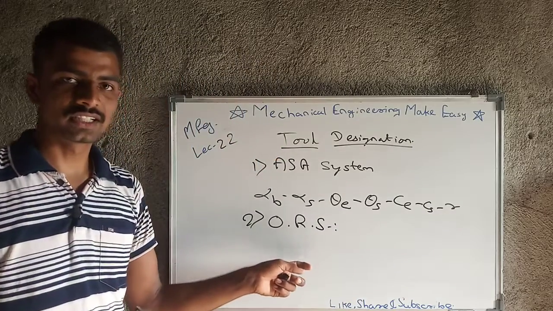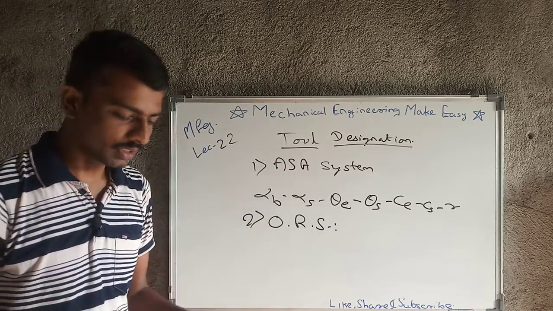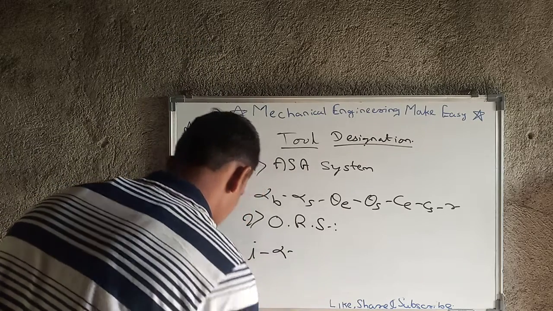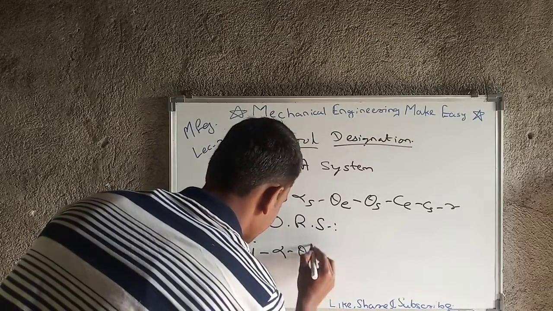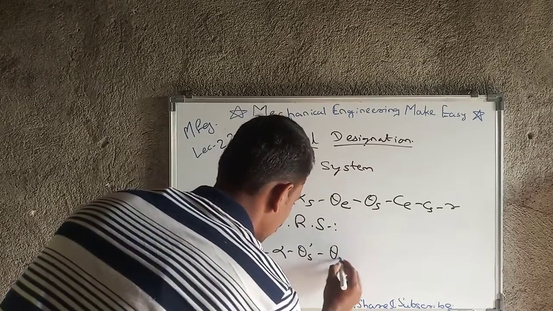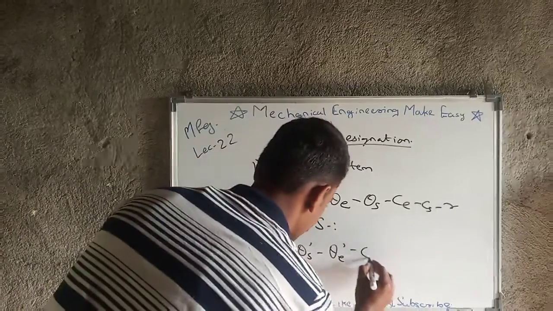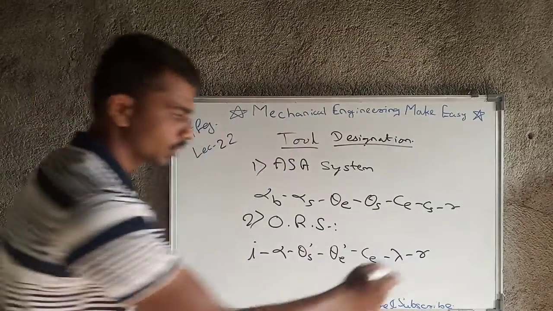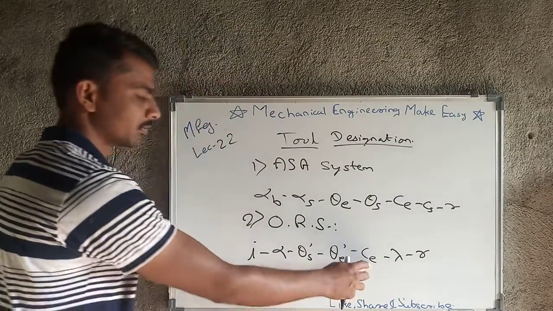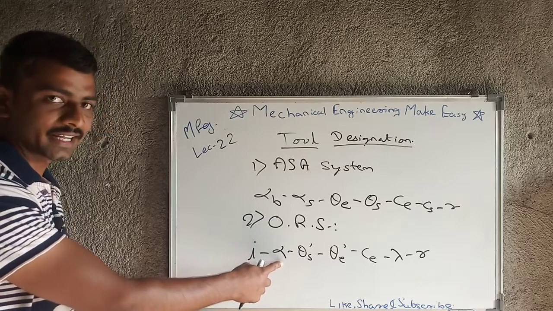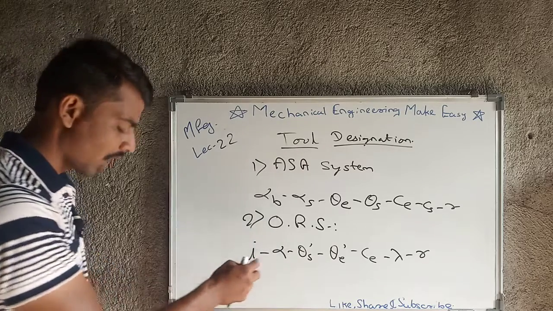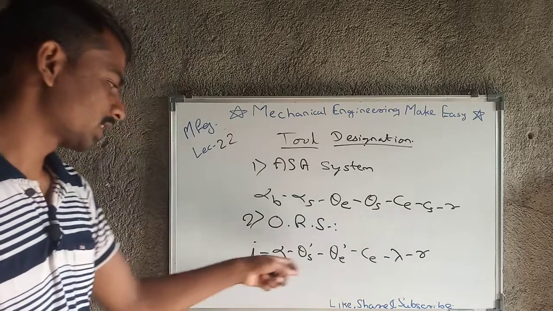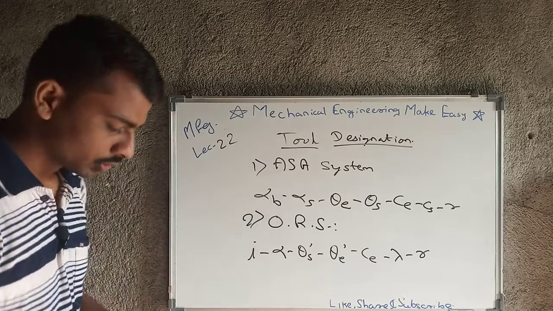ORS is nothing but orthogonal rake system, and in this case the denotation will be I, then alpha, then theta S dash, theta E dash, then CE, after that lambda and R. We know R is nothing but nose radius, CE is nothing but end cutting edge angle, alpha is rake angle or orthogonal rake angle, and I, theta S dash, theta E dash and lambda, these parameters are new for us. So what exactly are they?